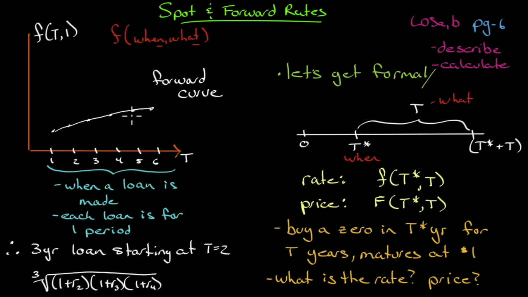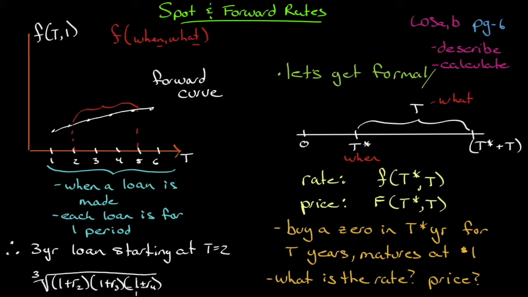That's it. So is this very useful for anything other than figuring out the rate on 1 year terms? No. Let's say we wanted a 3 year loan starting at T2. So here's T2, and we want a 3 year loan. What would be the rate? Well, we can take the forward rates 1 plus R2 multiplied by 1 plus R3 multiplied by 1 plus R4 and just find the third root of it.